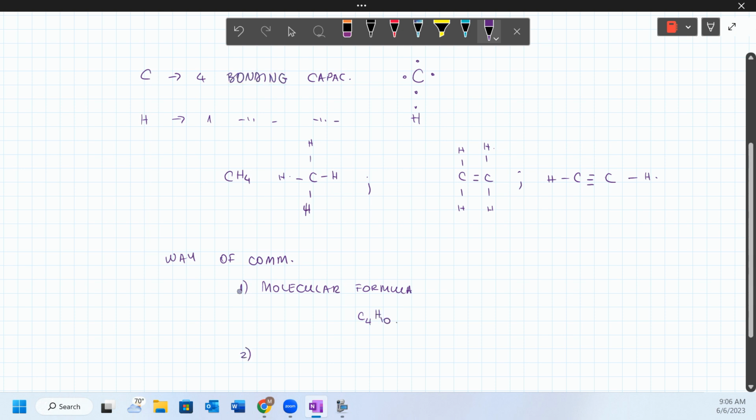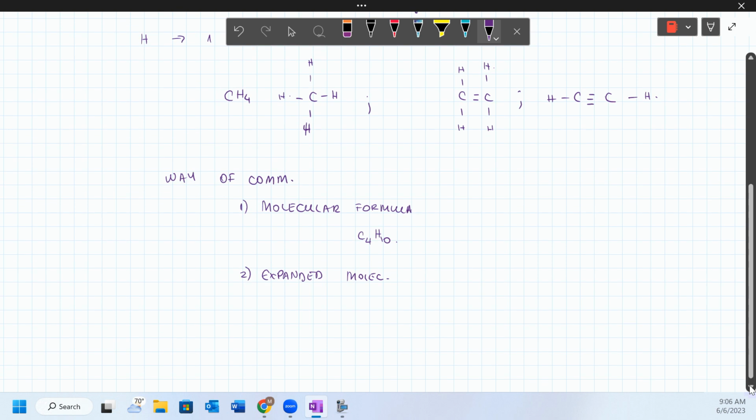The second one is the expanded molecular formula. It is just showing what each of the carbons is bonded with and how many.